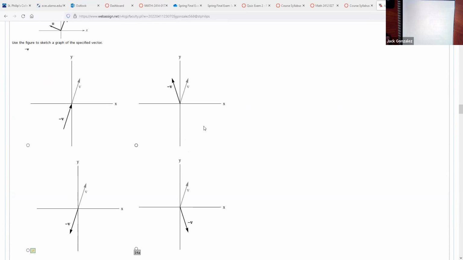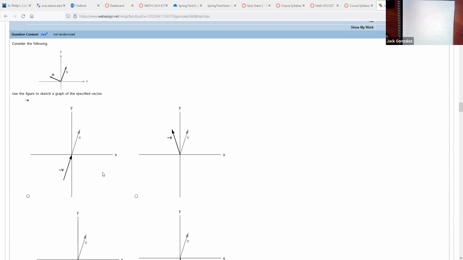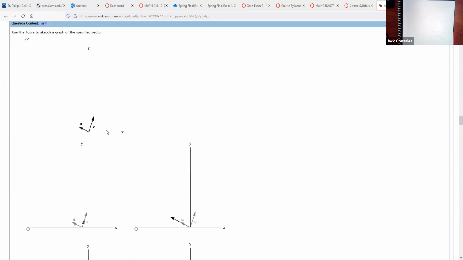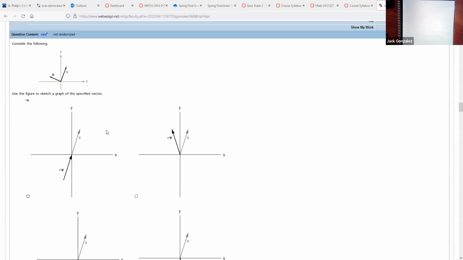This one I think we need to do on here because I'm not going to be able to graph or draw this. Okay, this is what we're going to do. They give us a vector v and a vector u.